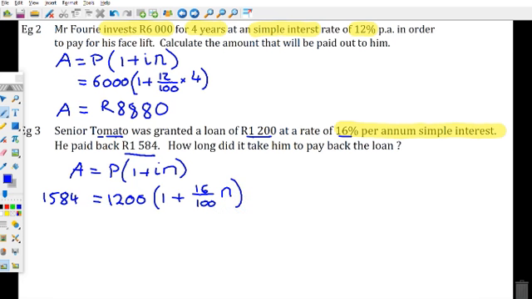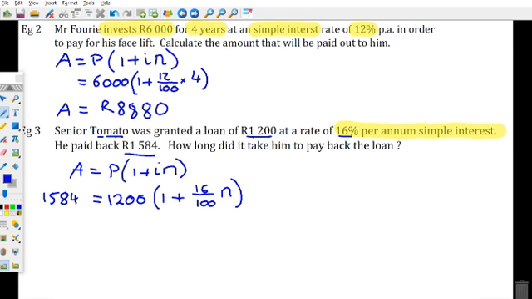Okay, so what do you want to do? Do you want to multiply in the bracket first, or do you want to divide through the 1,200 first? Okay, let's do that, because it doesn't matter what we do first as long as we don't break algebra rules.